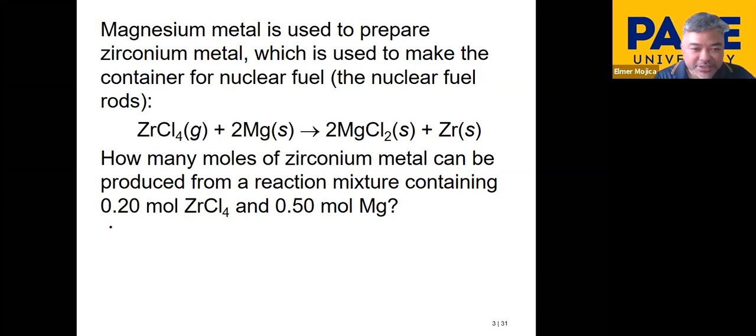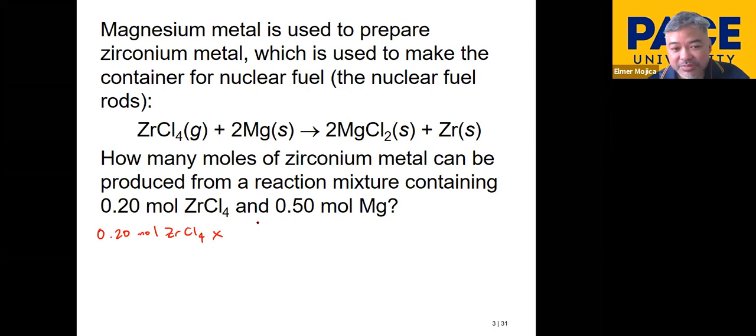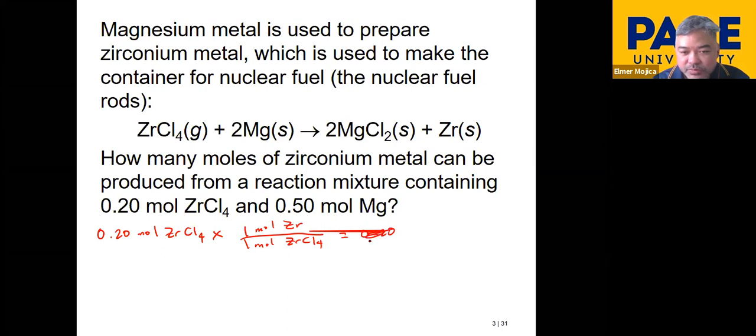If I use zirconium chloride as the limiting reactant, I have to determine how much zirconium metal I will produce. I'm going to use the stoichiometric ratio, the balanced chemical equation ratio. For every 1 mole of ZrCl4, I have 1 mole of zirconium metal, and that gives me 0.20 moles of zirconium.